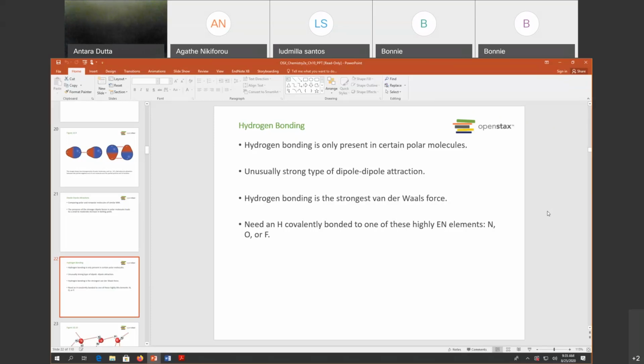So look, I have two lone pairs on oxygen. Lone pair means negative charge, electrons. One lone pair can attract hydrogen from another water molecule. The second lone pair can attract another hydrogen from another water molecule. These two hydrogens from one water molecule can attract oxygen from other molecules.